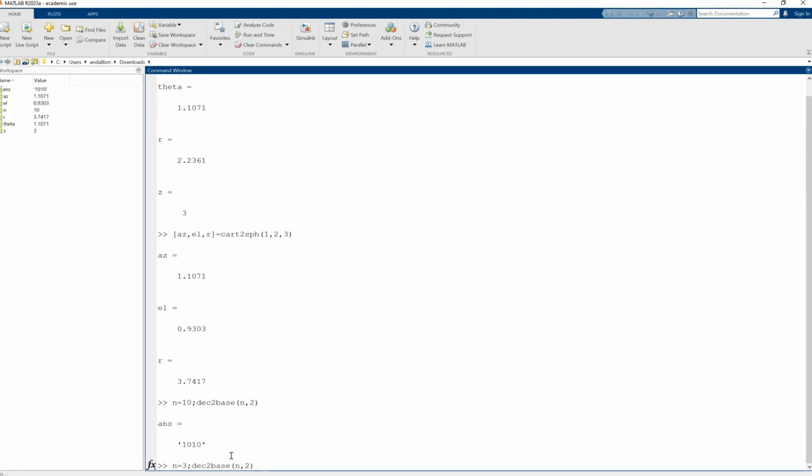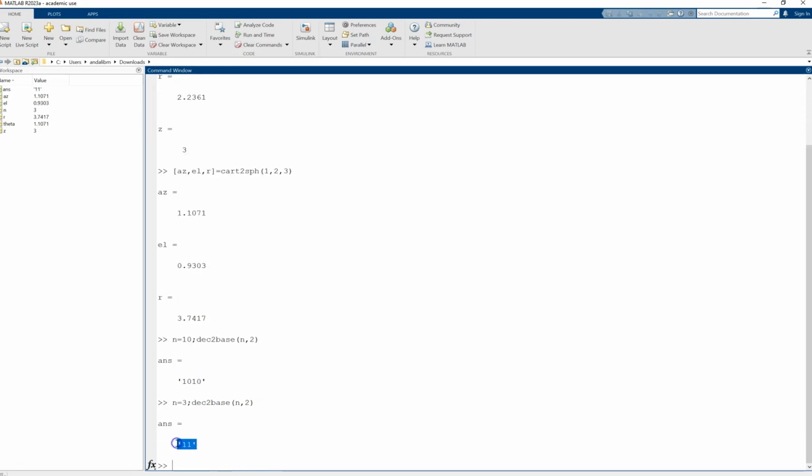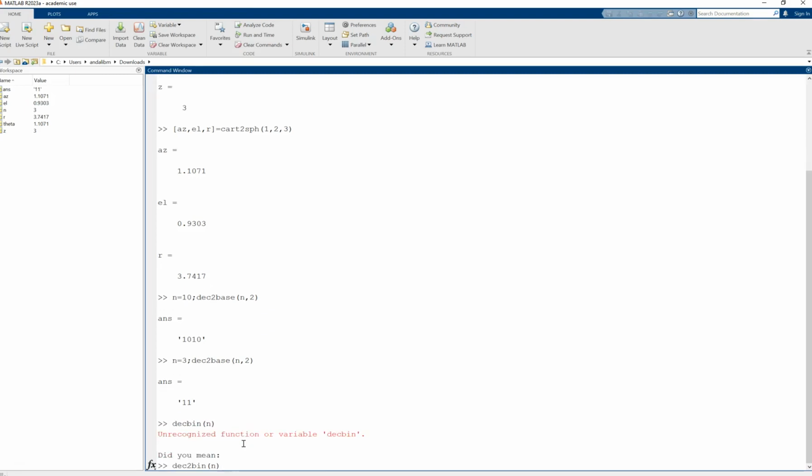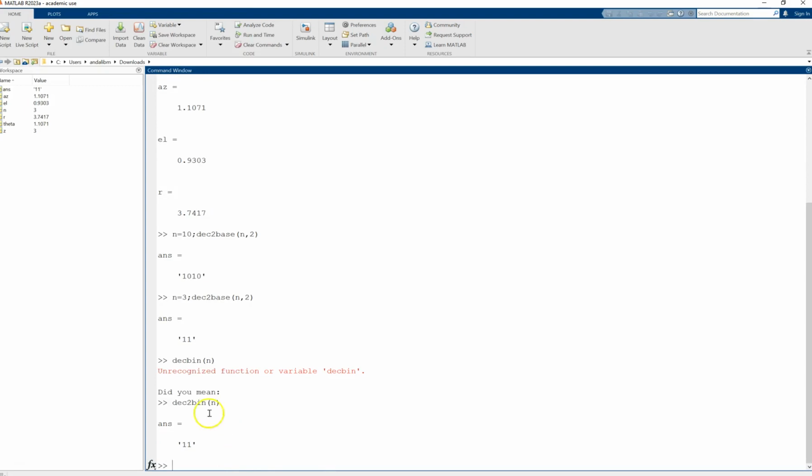For 3 it should be just 1 and 1, and you see this, okay? So I could convert my decimal to base 2, and there is also a command called decimal to binary, dec to bin, and that is just for binary.